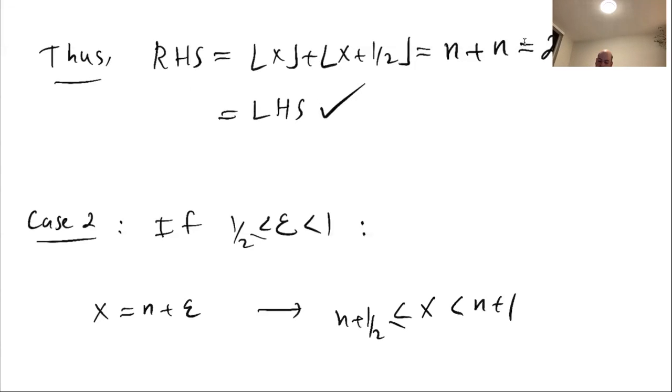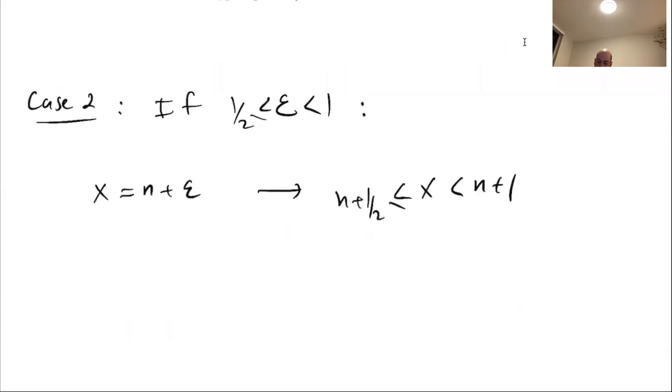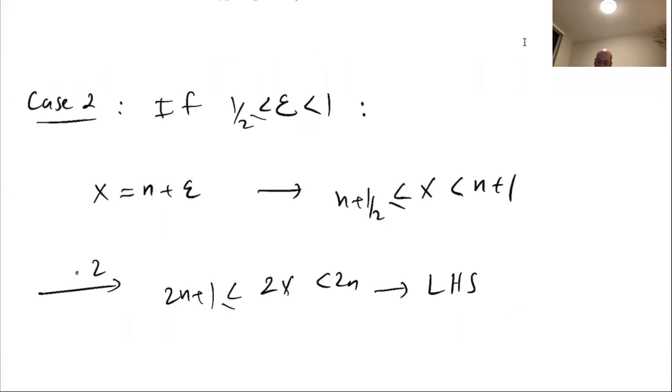Because epsilon is bigger than 1/2, n plus epsilon is bigger than n plus 1/2. And if I multiply by 2, 2x is bigger than or equal to 2n plus 1 and less than 2n plus 2. So in this case, left-hand side, which was floor of 2x, will be 2n plus 1.